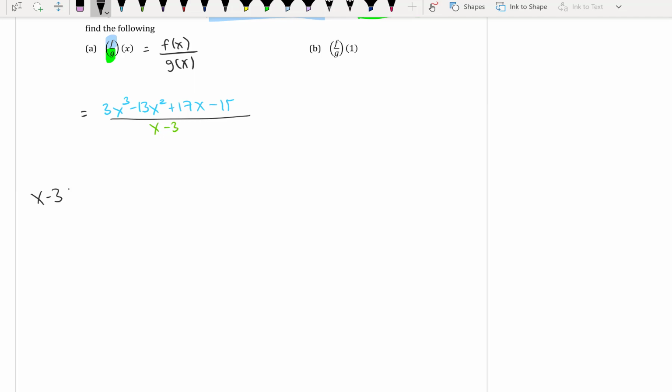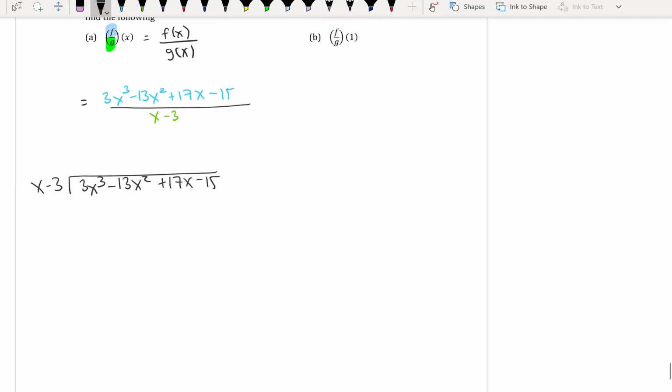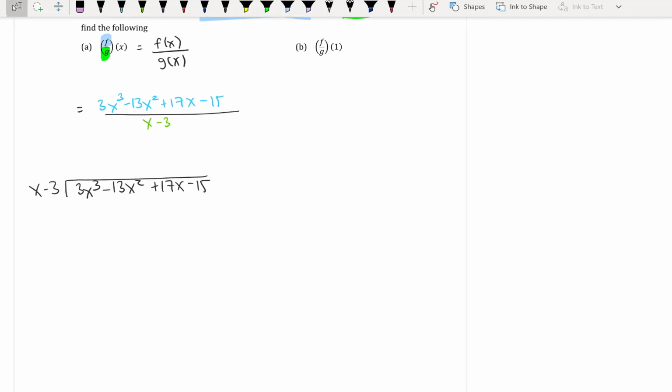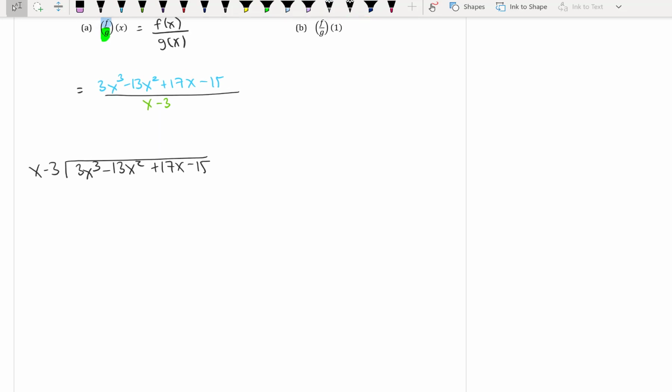I'm going to have x minus 3 on the outside, and on the inside I would have 3x cubed minus 13x squared plus 17x minus 15. And just over to the side is where I'm going to have my scratch work.